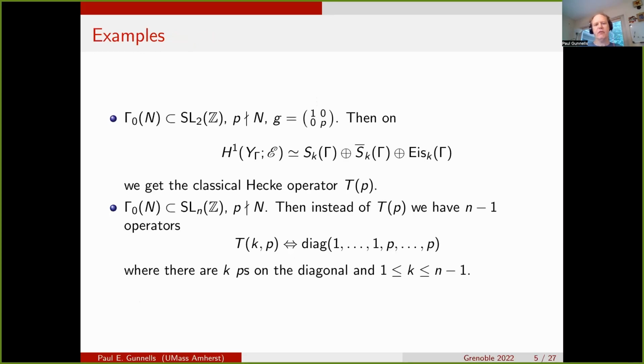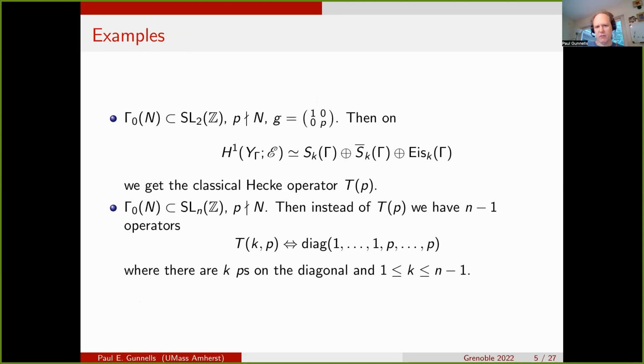Maybe it's helpful to look at some examples to see what they look like. So in the classical case, when we have gamma naught of n, and we take a prime p that doesn't divide n, we can take our g to be this matrix. So here's a matrix that's not in SL2Z, obviously, but it is in the commensurator of SL2Z.